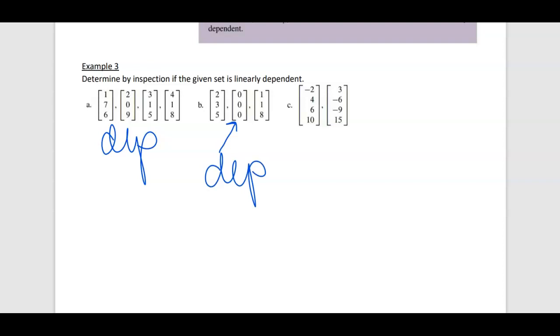For C, I'm noticing I have more rows than columns, but is V a scalar times U?